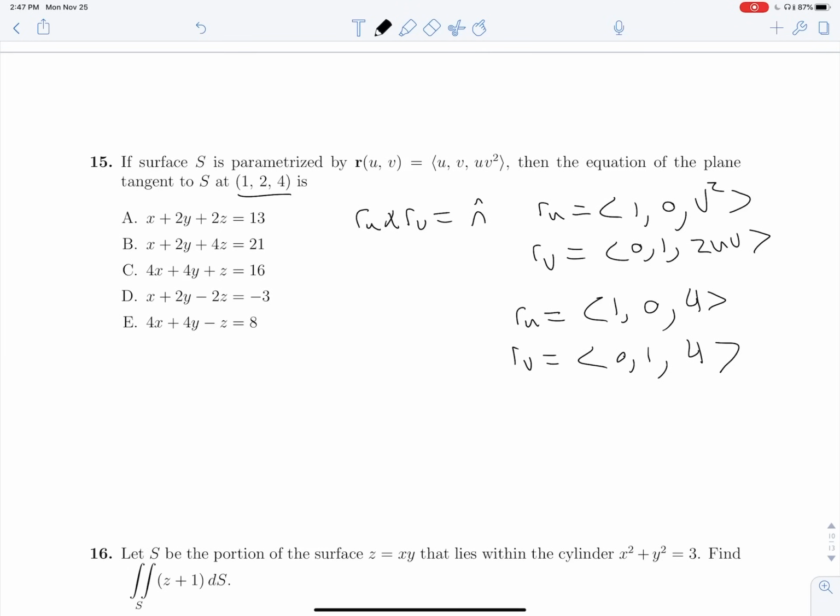So now we take a cross product, and we will have our normal vector. So crossing, we will get negative 4, negative 4, and 1.